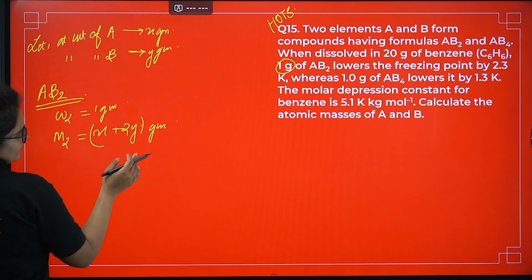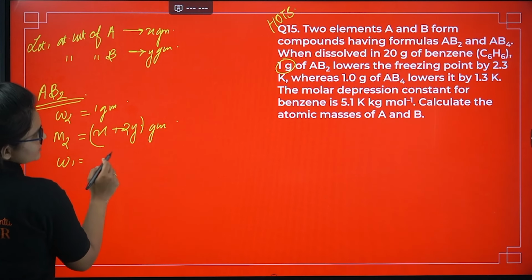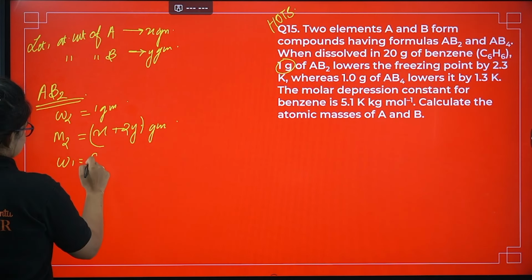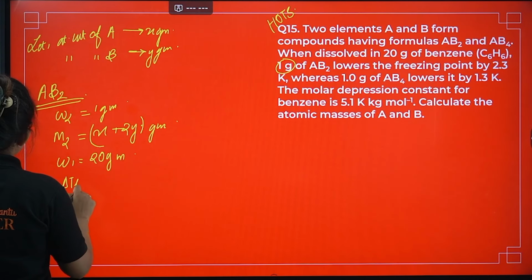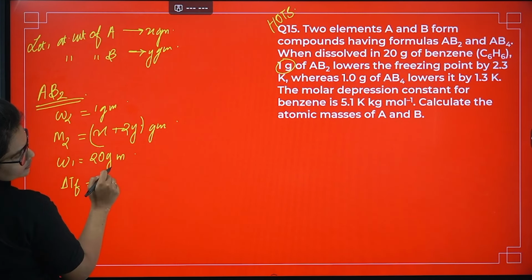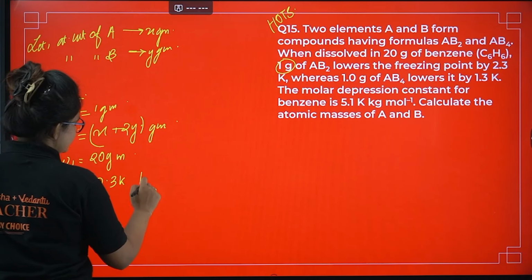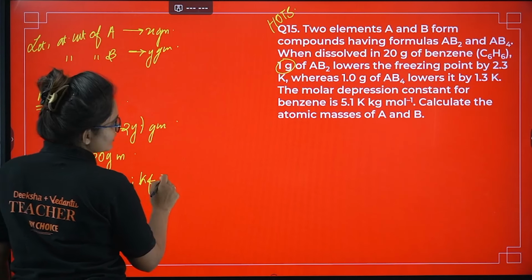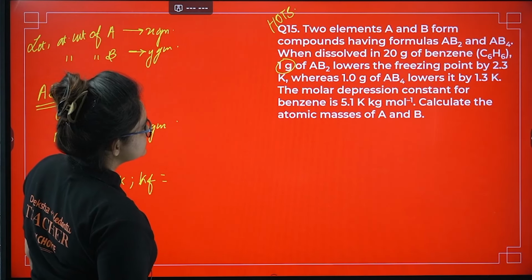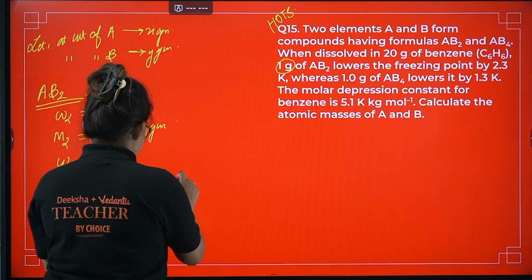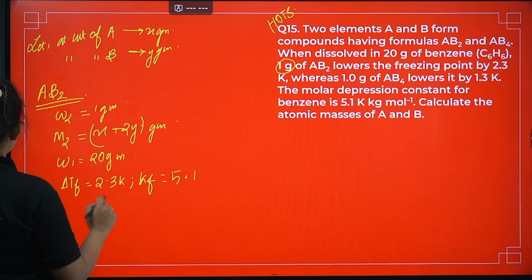Weight of benzene, W1, is also given, that is 20 gram. Delta TF is given as 2.3 Kelvin. Kf is also given, that is 5.1.